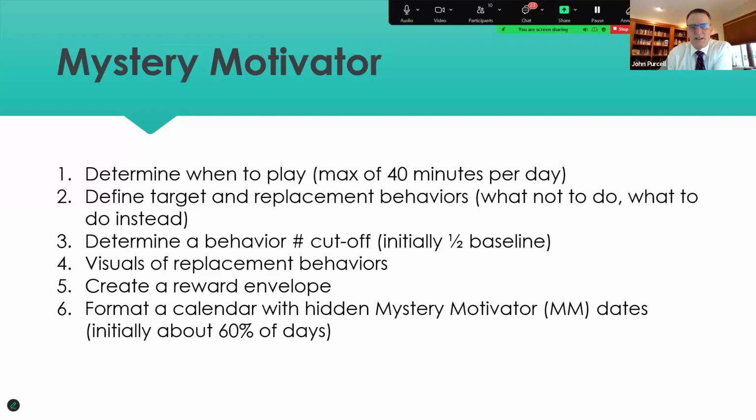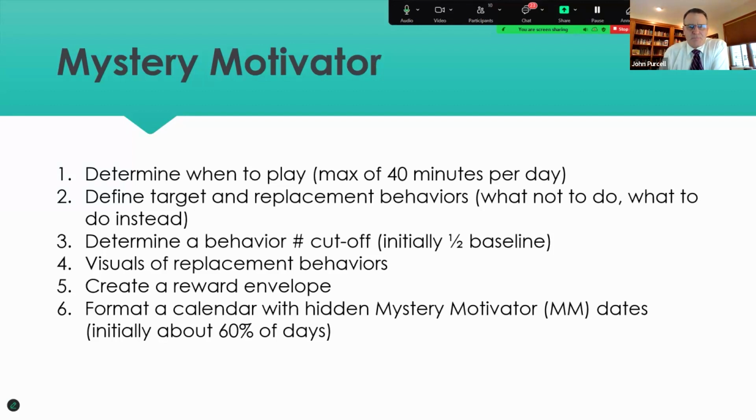You have a reward envelope with that. And those rewards can be something like free time. There are a number of things you can use depending on your students. It really depends on your school, what your school allows as far as rewards and expectations.